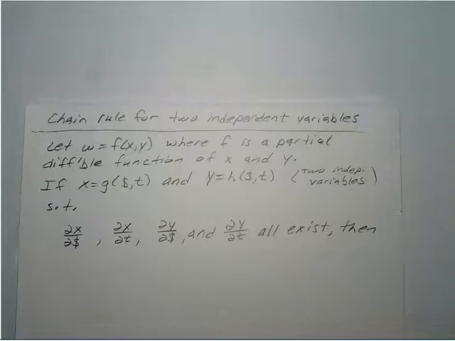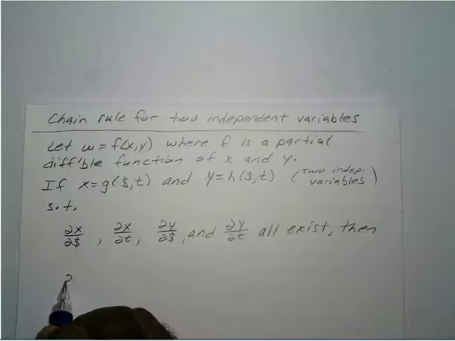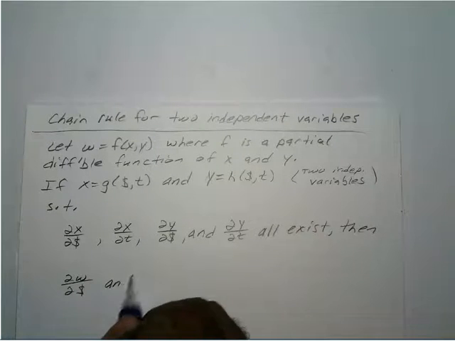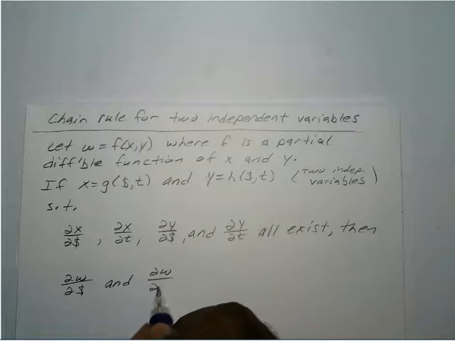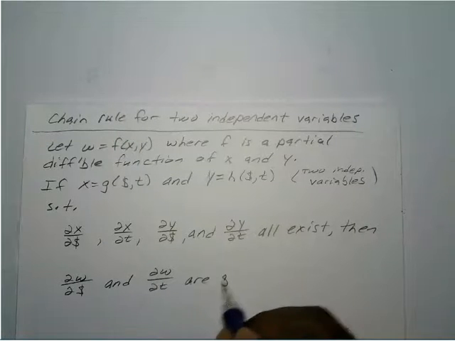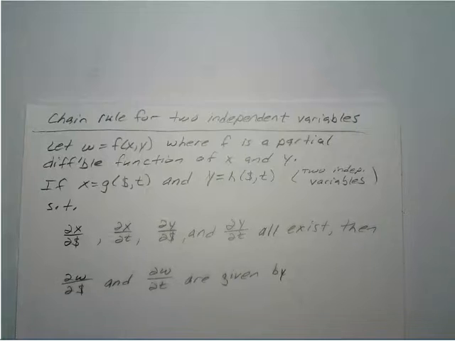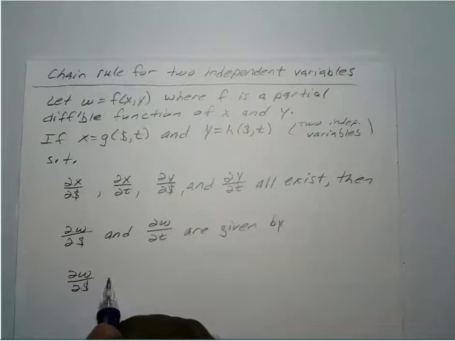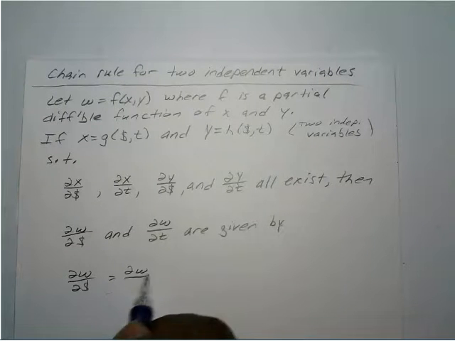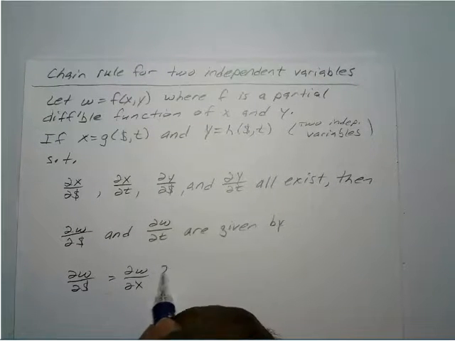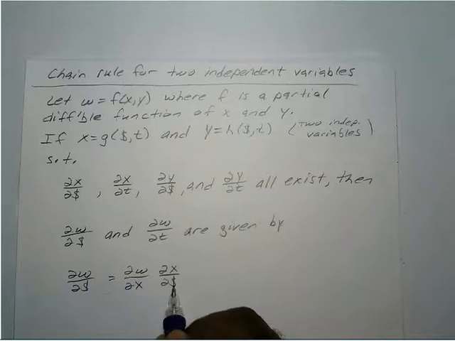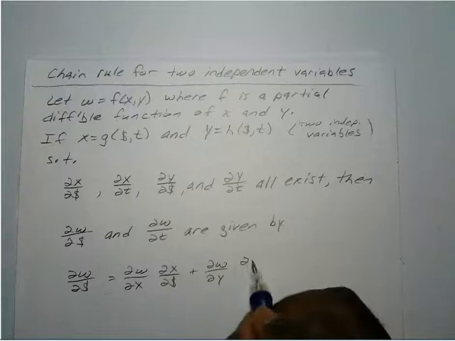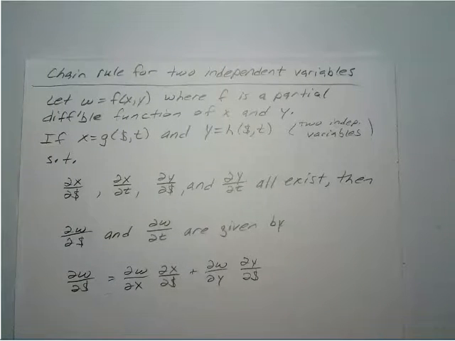Okay, so if all of those exist, then the partial of w with respect to s and the partial of w with respect to t are given by these two formulas. Partial of w with respect to s is equal to the partial of w with respect to x times the partial of x with respect to s plus the partial of w with respect to y times the partial of y with respect to s.